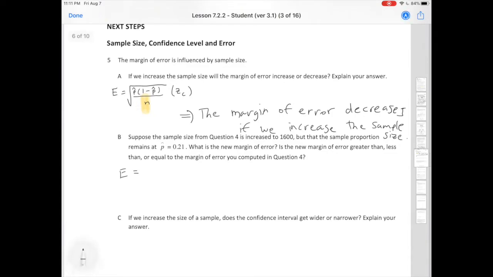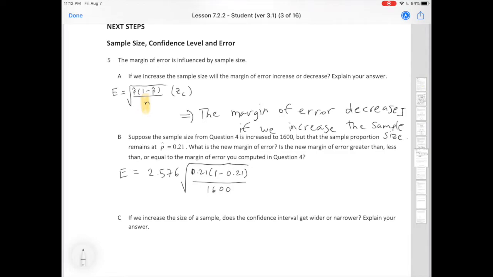So let's see what happens to the margin of error. So I'm going to write 2.576 times the square root of 0.21, 1 minus 0.21, and then divided by 1600. Okay, so I'm going to put that in my calculator.